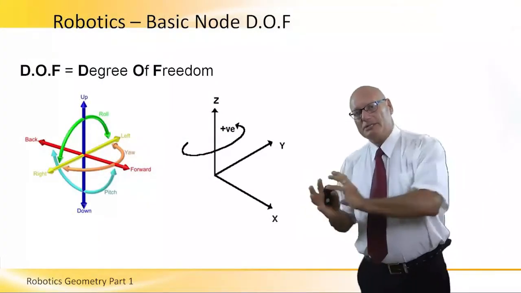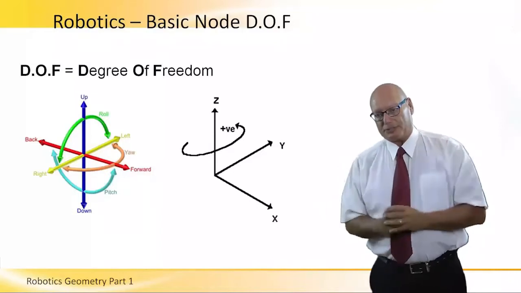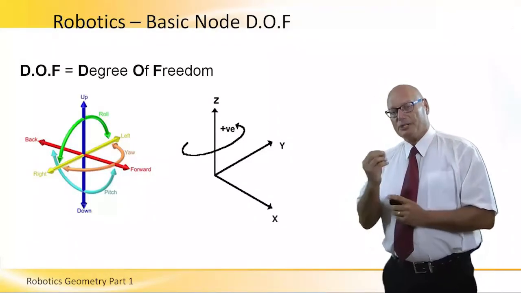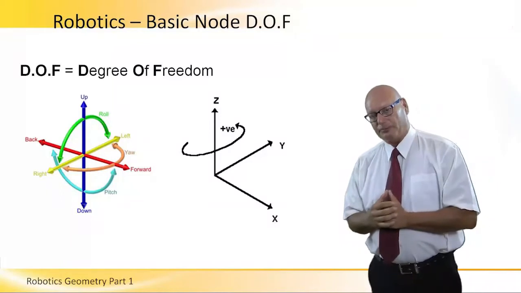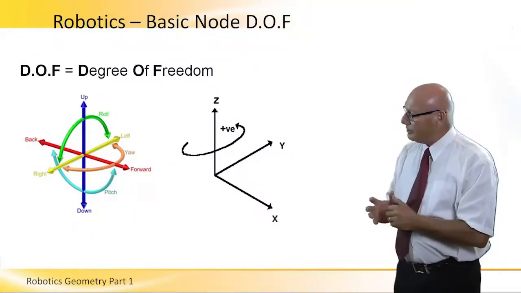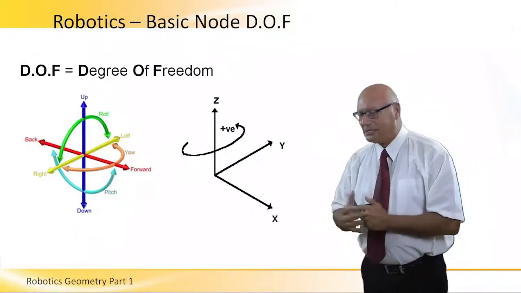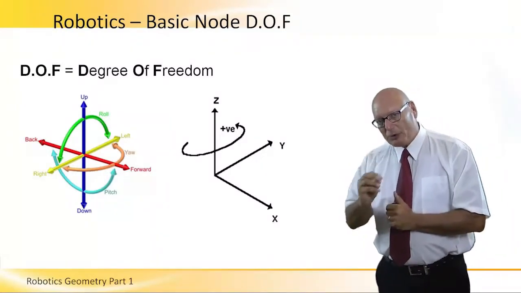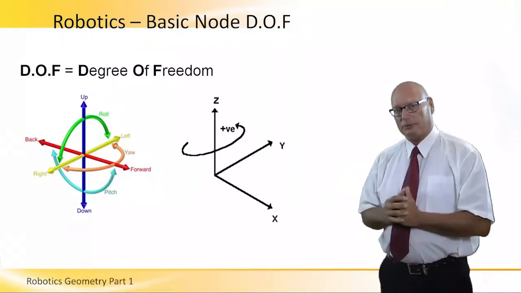Let's apply these last three slides into robotics. And in robotics, we start talking about degrees of freedom. The picture on the left demonstrates clearly the 6 degrees of freedom, which are most typical of an articulated robot.